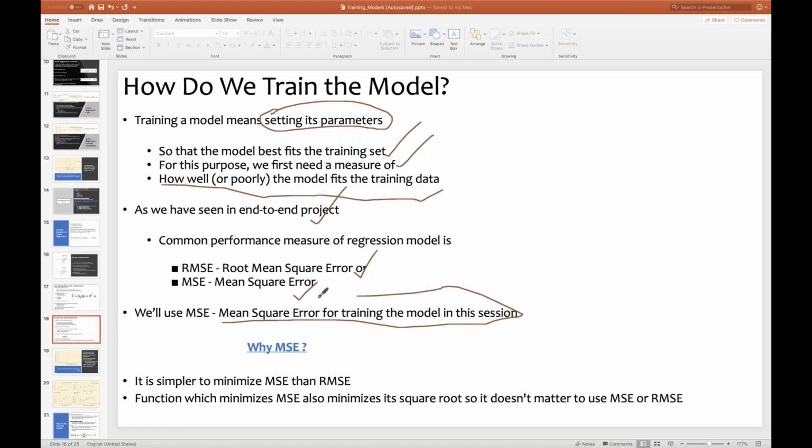Okay, we are going to use MSE. Now you may ask me, why are you using MSE? Why not RMSE? Very simple. The reason is it is simpler to minimize a mean square error rather than root mean square error.